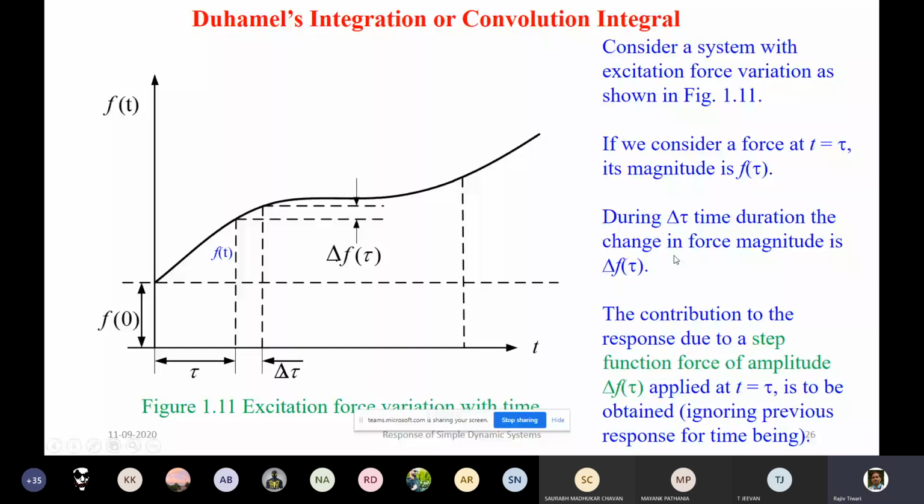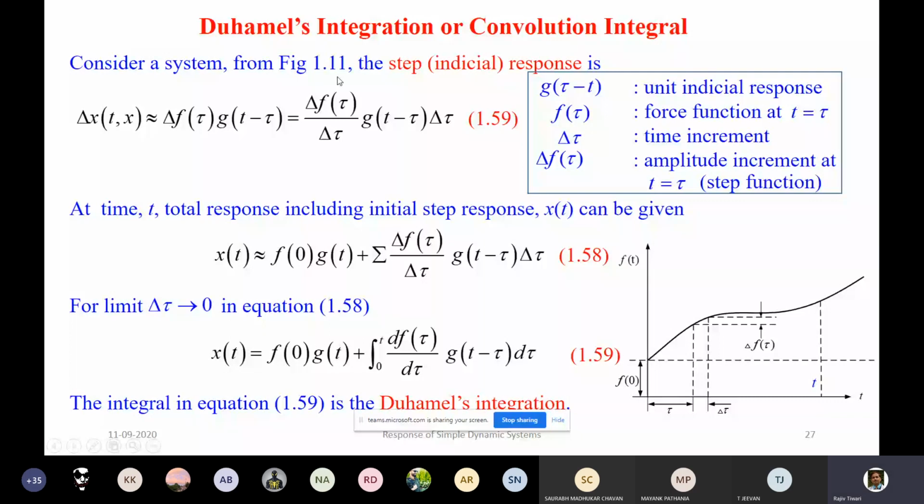So what is the step or the indicial response which we derived in the last class? The unit indicial response was g of t minus tau, where the force was applied at time t equal to tau. So this is for unit force. Now what is the step force we have? We have force delta F tau.